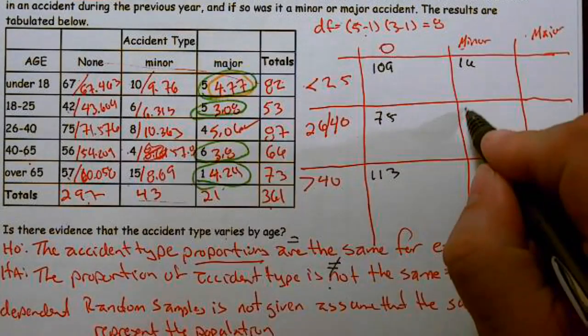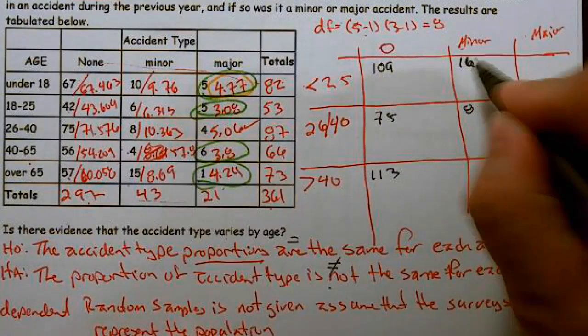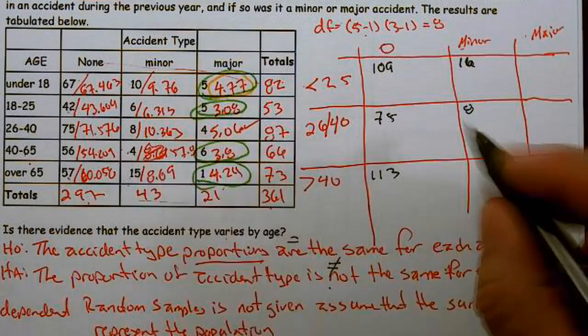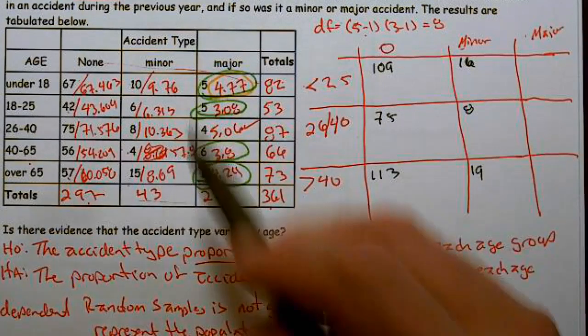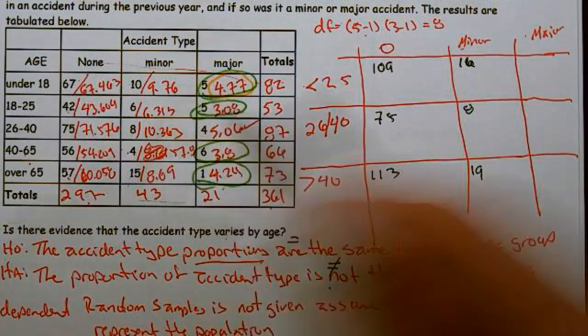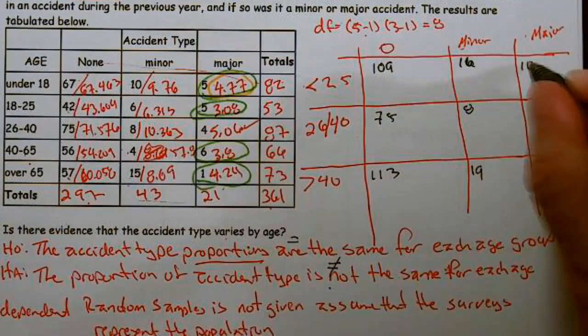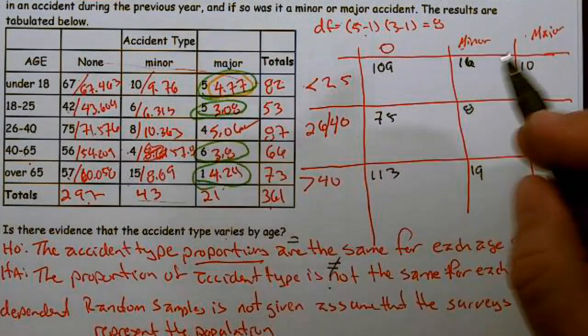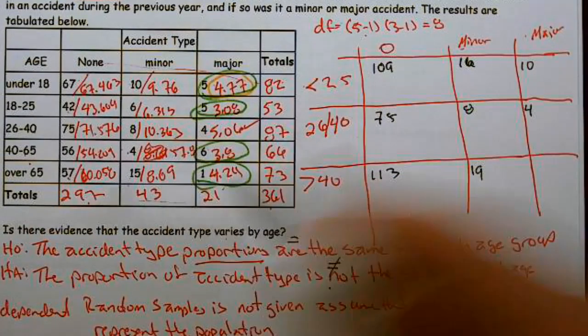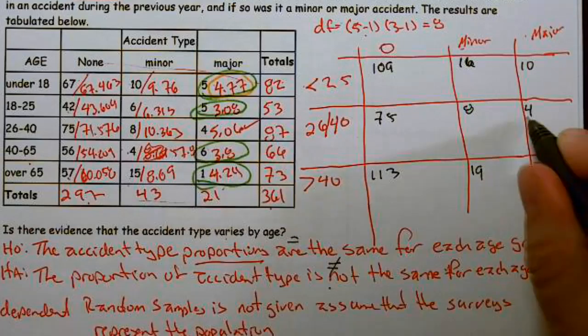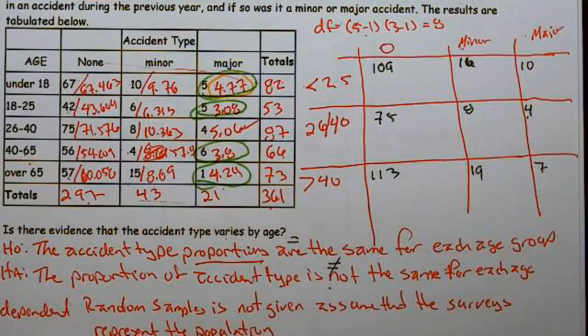The 8 we left alone. 4 plus 15 is 19. And now 5 plus 5 is 10. 4 plus 6, 4 is fine. We leave it the way it is. 6 plus 1 is 7. Now remember, that's less than 5, but we don't care about observed.